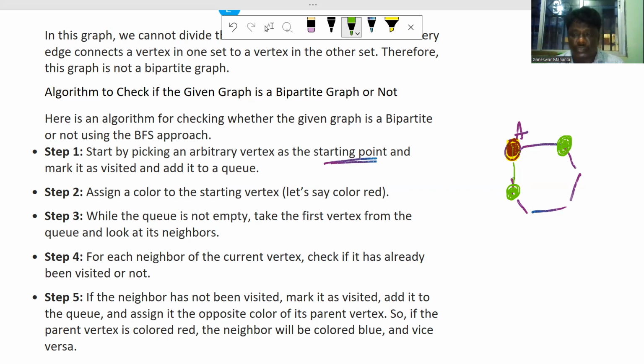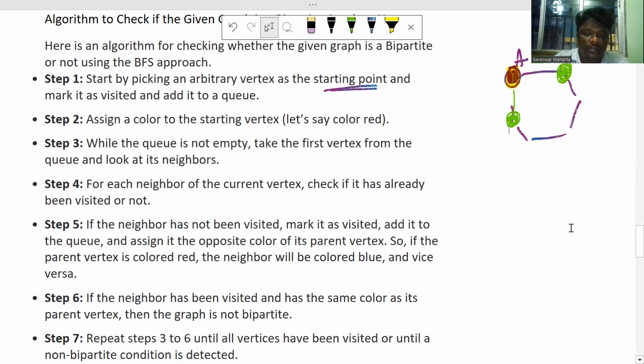That is mutually exclusive. While Q is not empty, take the first vertex from Q and look at its neighbors.